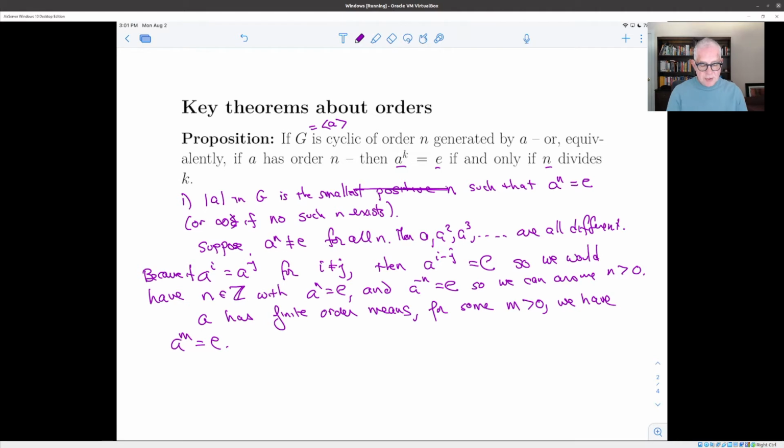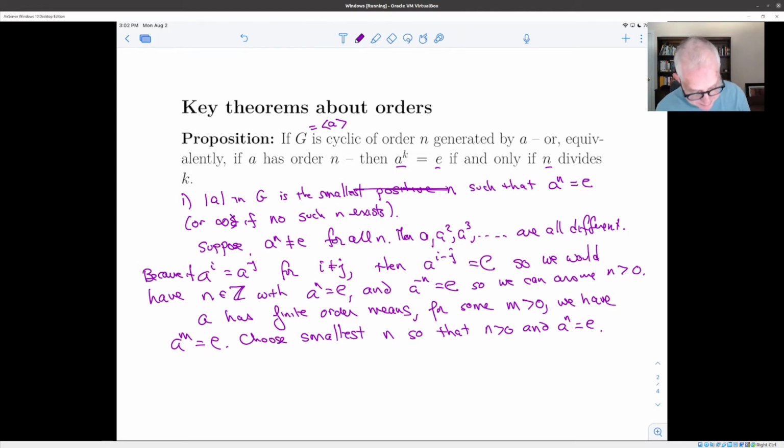Otherwise, it would have infinite order. That's what we showed in the previous case. So we can choose the smallest n so that n is bigger than 0 and A to the n is equal to the identity. And I claim that that's the order.